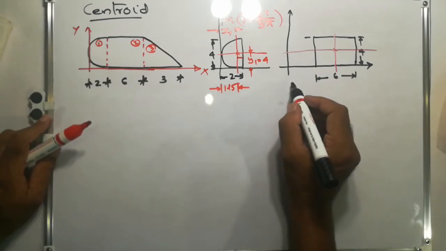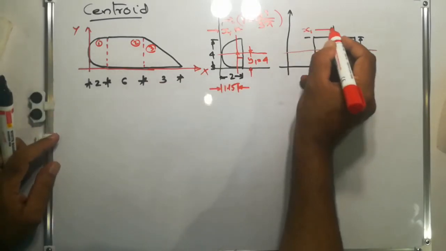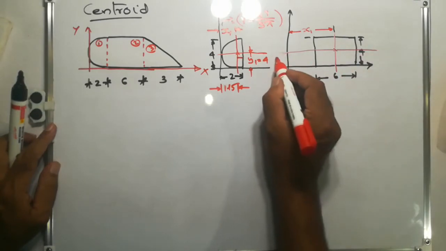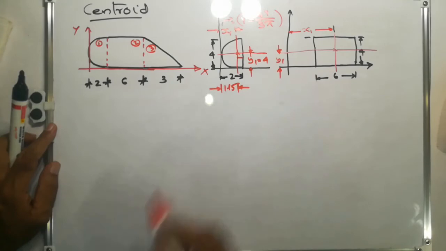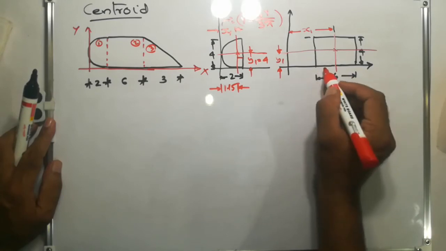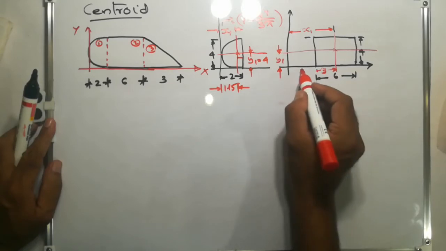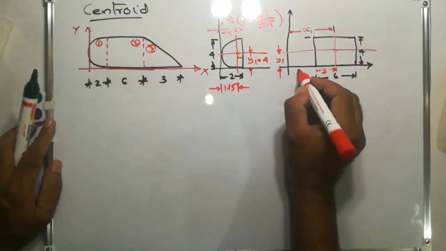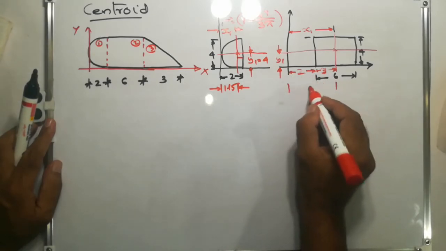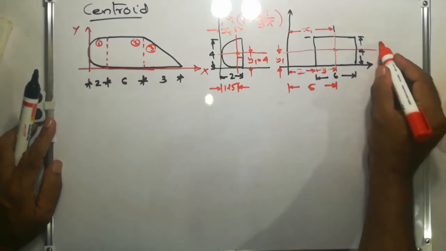Therefore, x2 will be this distance and y2 will be this distance. This distance will be 3 centimeters, and this is already 2, so totally x2 is 2 plus 3 equal to 5 centimeters, and y2 equal to 2, which we know already.